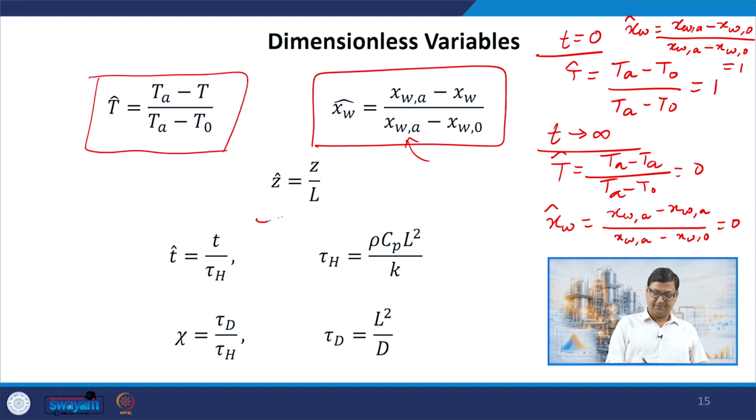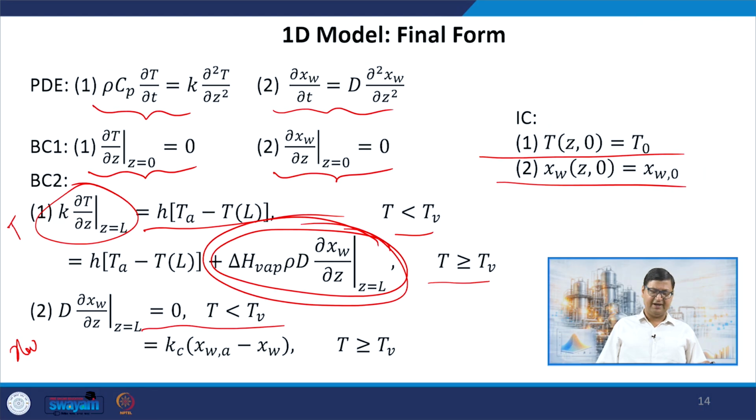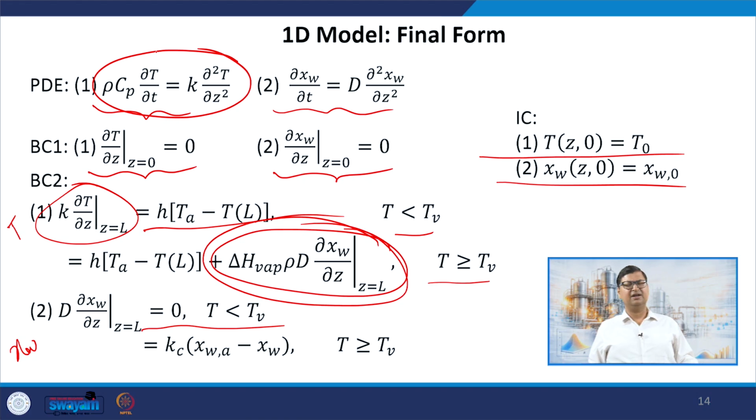Z cap I can define as z by L, but for T cap, remember how we defined the time scale when we did the heat equation. We defined the time scale starting from here, whatever made the time dimensionless, we used it there, right.